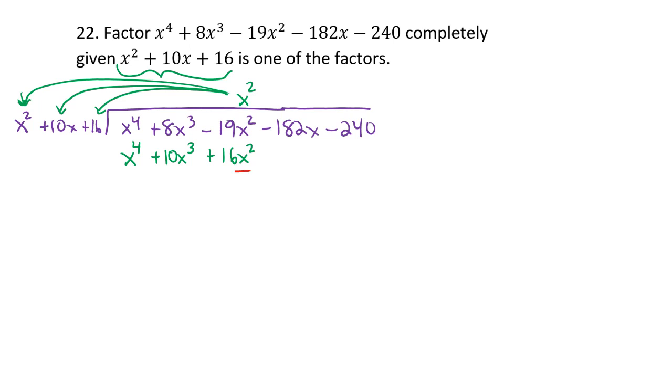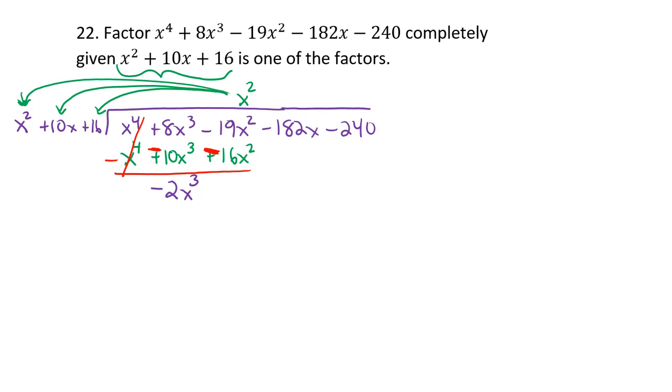We go ahead and we draw our line and we switch our signs. So the first two are now going to cancel out. 8 take away 10 is negative 2, x to the 3rd.